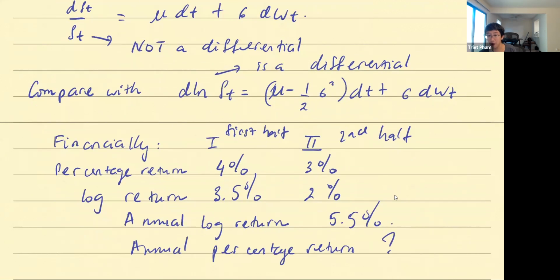You understand? Because these guys don't make sense to add. They're not differential. Adding percentage returns of separate parts doesn't give you the big percentage return. But adding log returns gives you the total log return. You understand? Any question here?